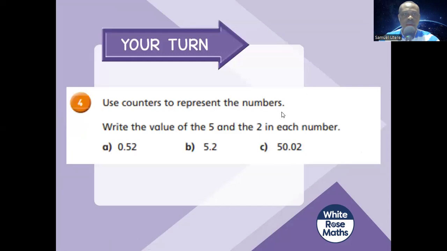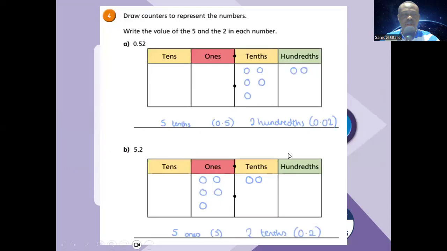Question 4, you were asked, use counters to represent the numbers. Write the value of the 5 and the 2 in each number. Well, if we go onto our place value chart, these are the answers for question 4.